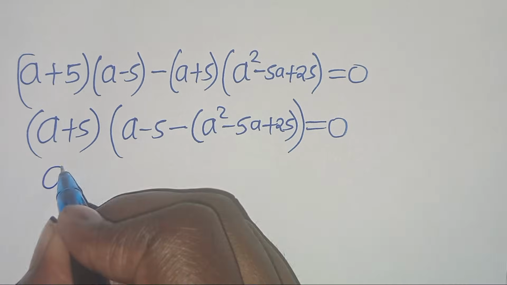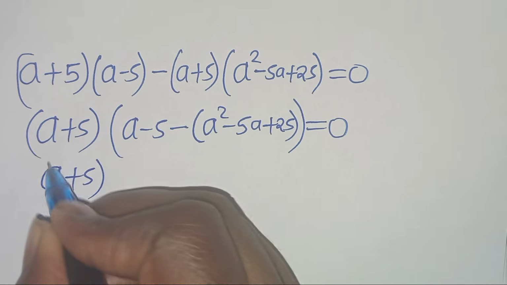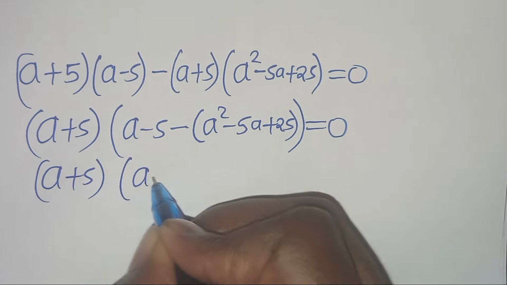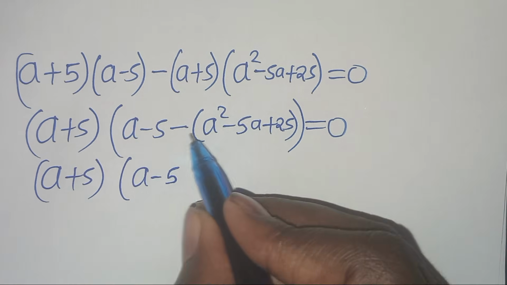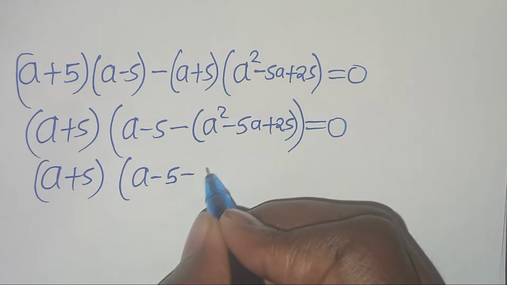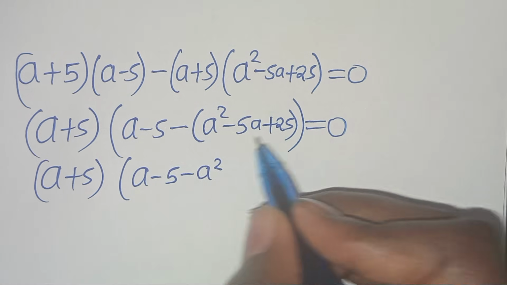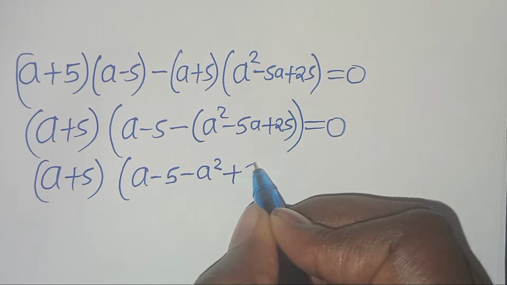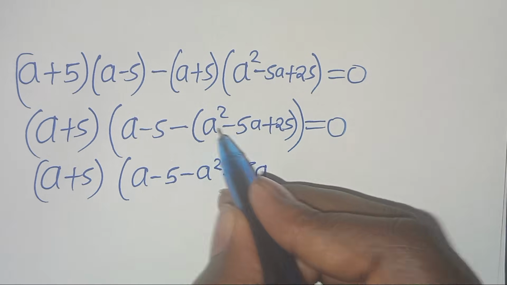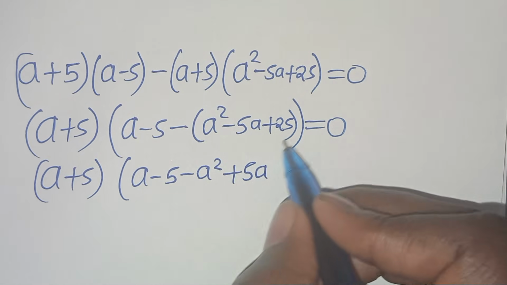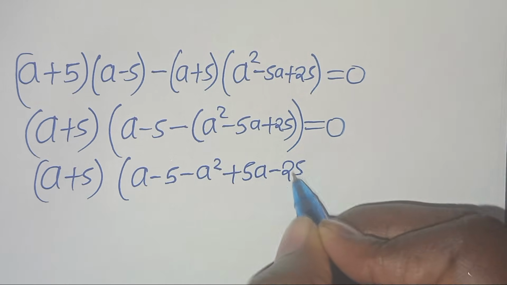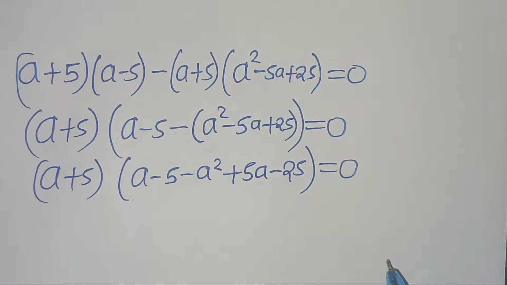So here we have a plus 5, then a minus 5. Let's open the parentheses here. Minus a squared. Minus times minus 5a, so this is plus 5a. Then minus times minus times plus 25, this is minus 25. This is equal to 0.